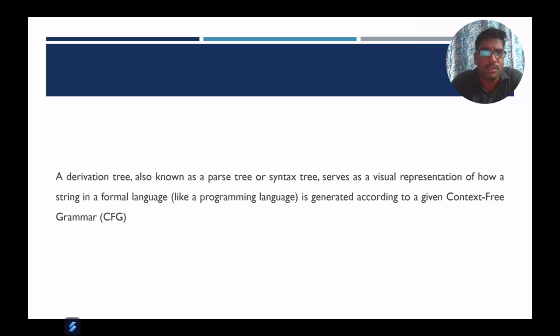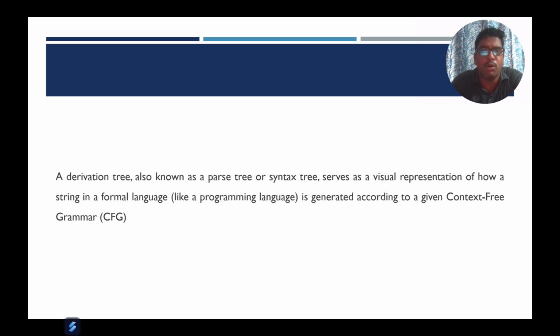We have seen the formal definition of the grammar in the previous video. So a grammar contains the non-terminals, terminals, starting symbol and productions. From the productions, we are going to generate the string. Clear?